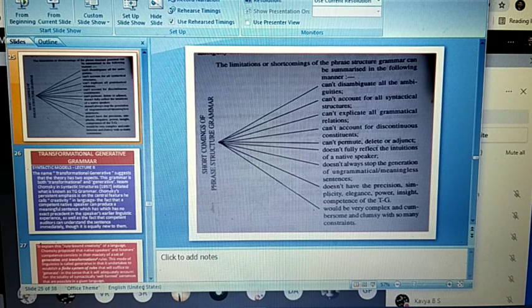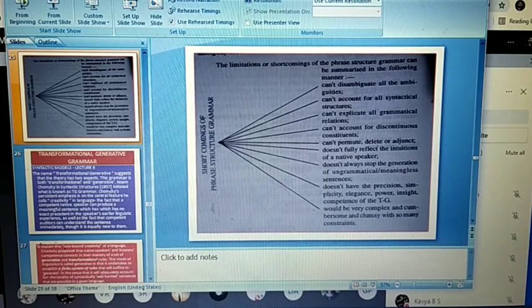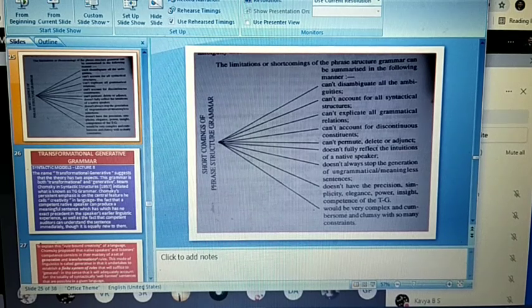Number 4, can't account for discontinuous constituents. Say for example, like we saw some time ago, is John playing? Is John playing? Such kinds of expressions, sentences, questions, the phrase structure grammar doesn't work because the sentence is in the reverse order, and that is another limitation.